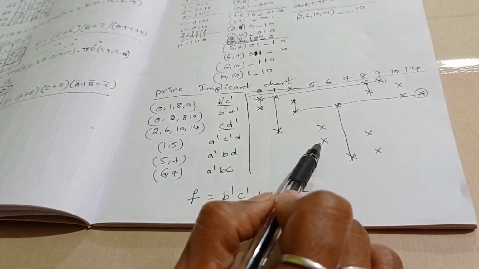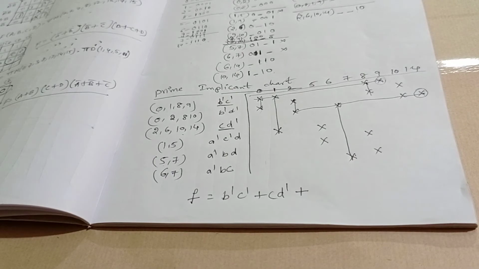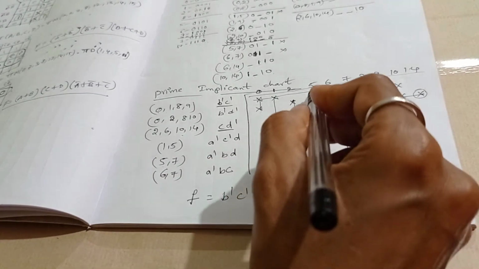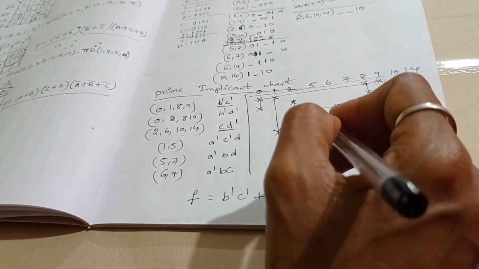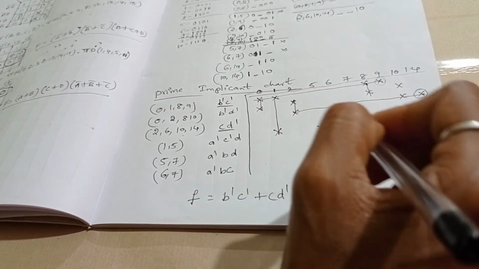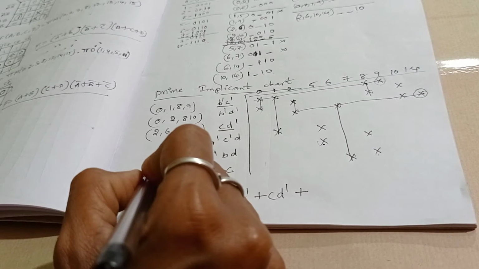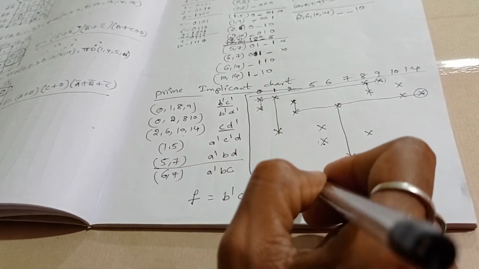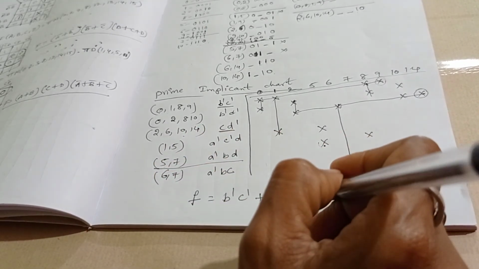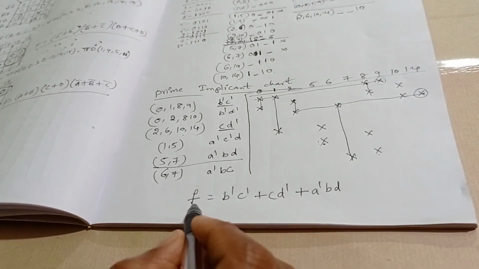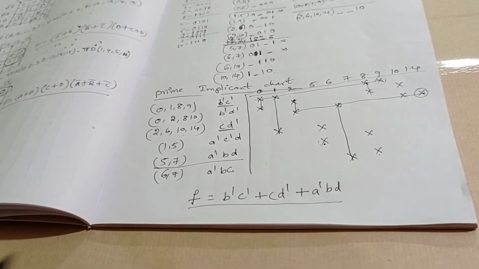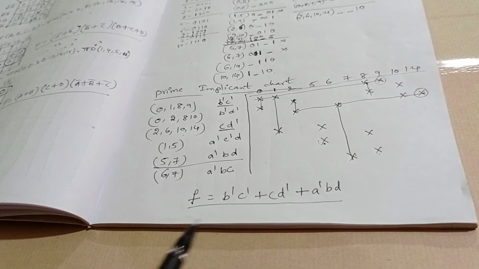Only the remaining 5 and 7 are left. So consider this 5, 7, that is A bar B D, is taken. So this is the simplified expression using the Quine-McCluskey method.